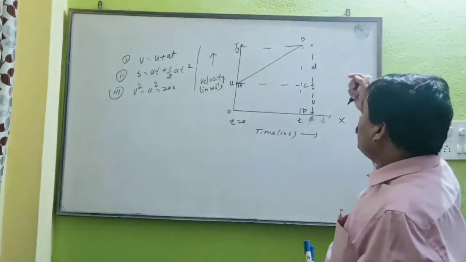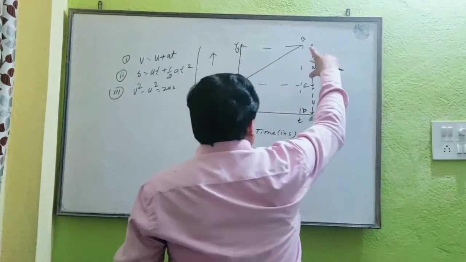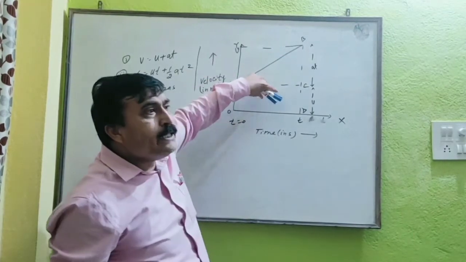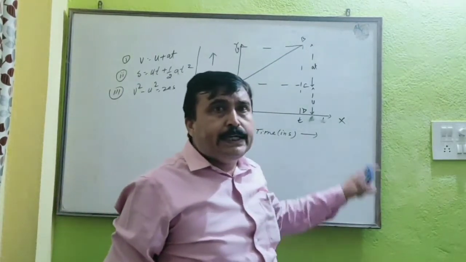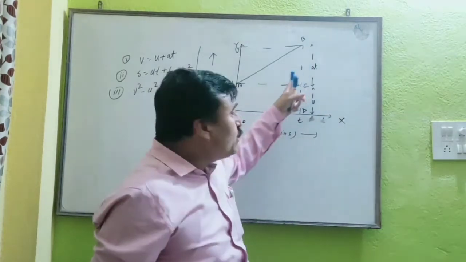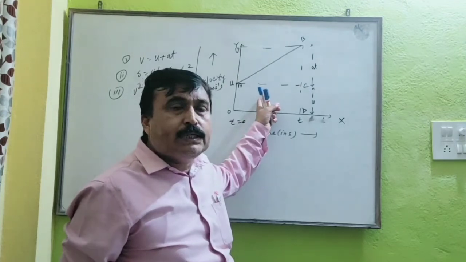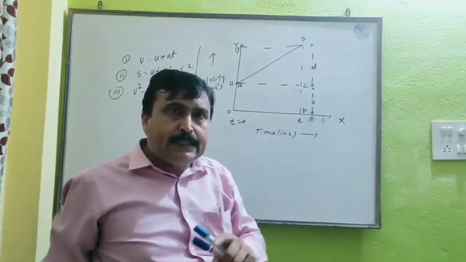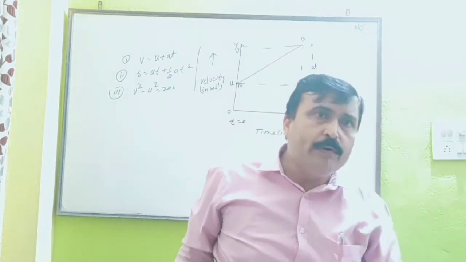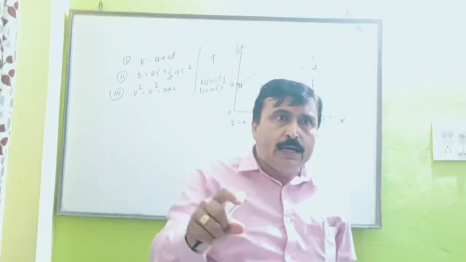So this is BC by AC, the ratio of change in physical quantity shown on the y-axis to the change in physical quantity shown on the x-axis, and this is called the slope of the velocity time graph.